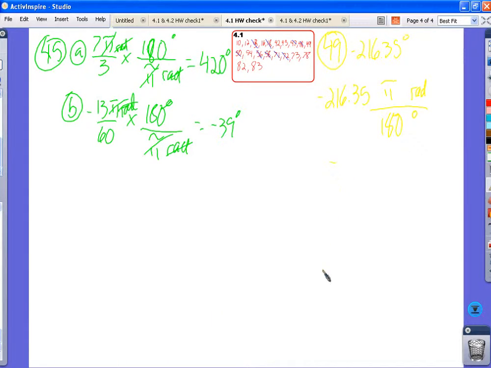Negative 3.776. This is 4 decimal places, isn't it? It says 3. Yes, it does. Oh, zero. I am embarrassed. 54.